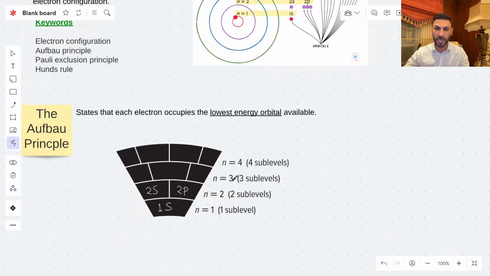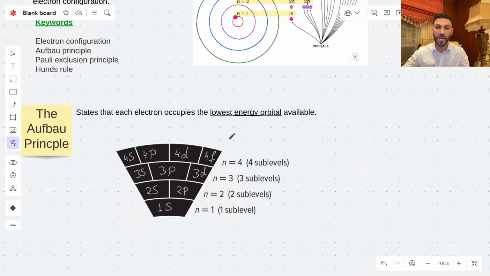When n equals 3, we have 3S, 3P, and 3D. When n equals 4, we have 4S, 4P, 4D, and 4F.